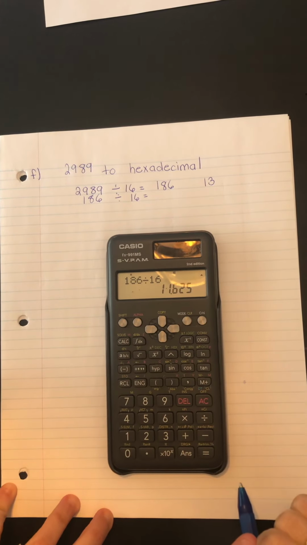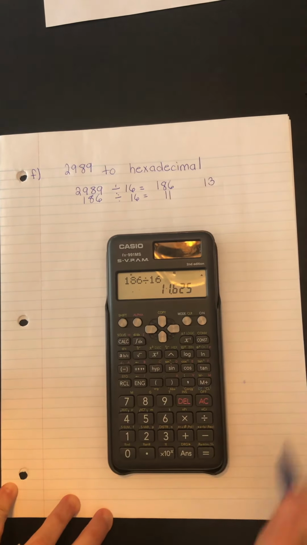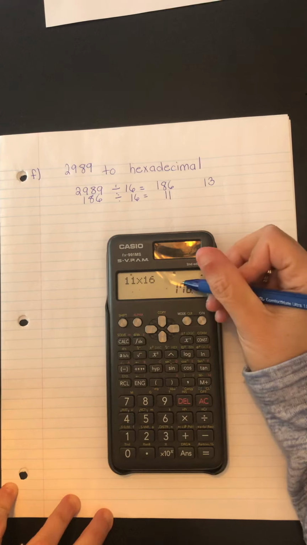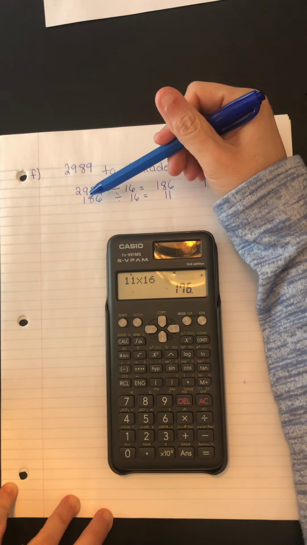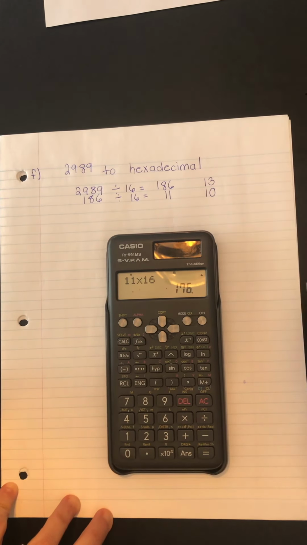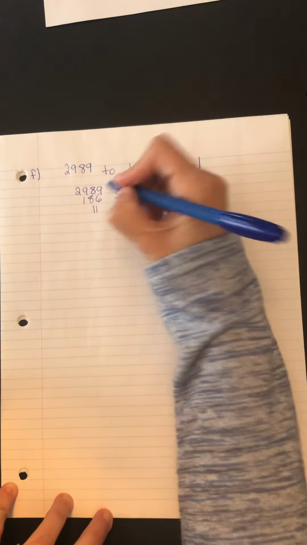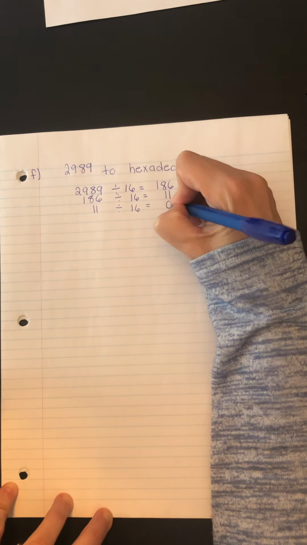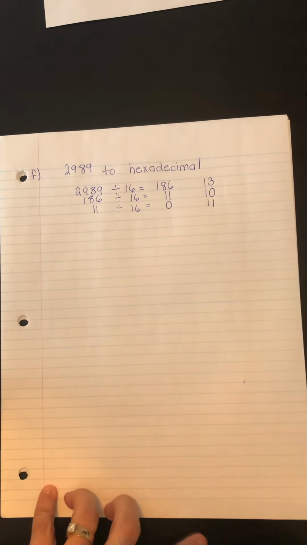Okay, there's my answer, 11.625. I only write the 11 down here. What is 11 times 16? It's 176. So 186 minus 176 gives me a remainder of 10 in that step. And lastly, if I tried to divide 11 by 16, I would have a 0 here. The 11 is left as the remainder here.